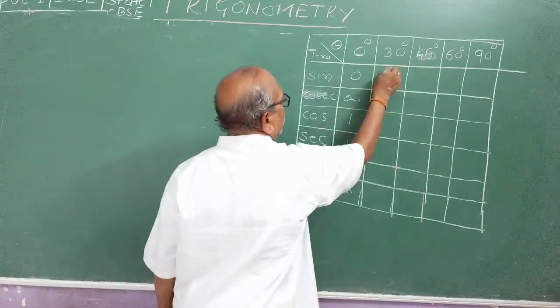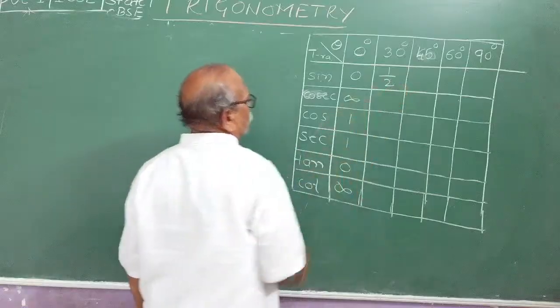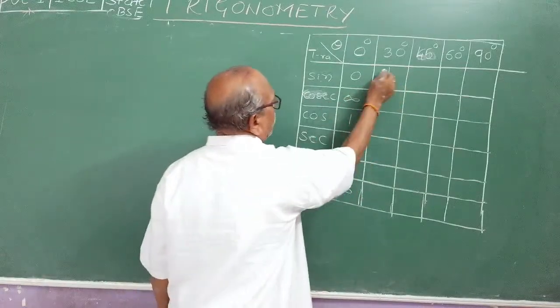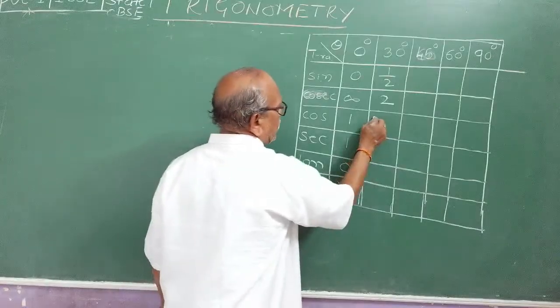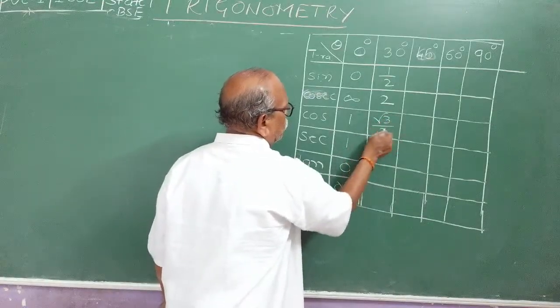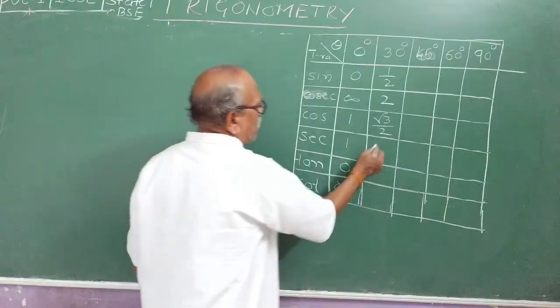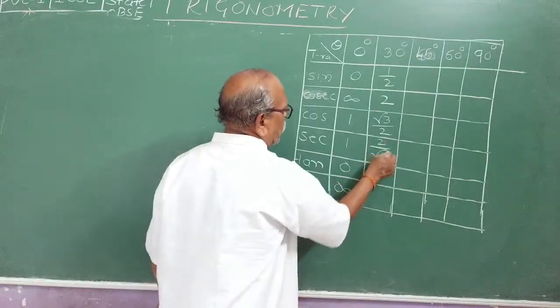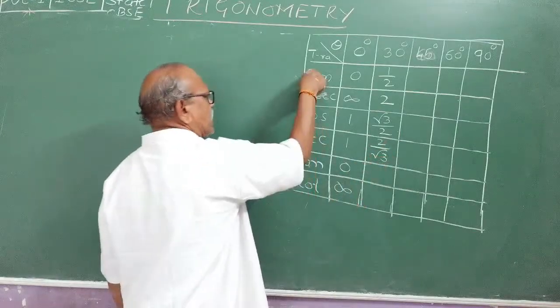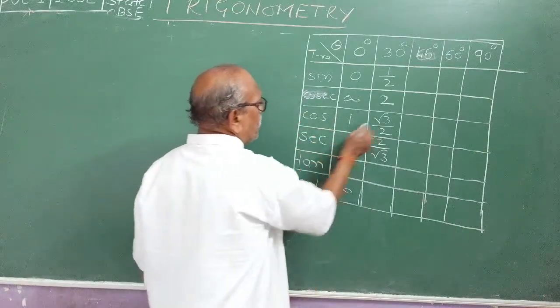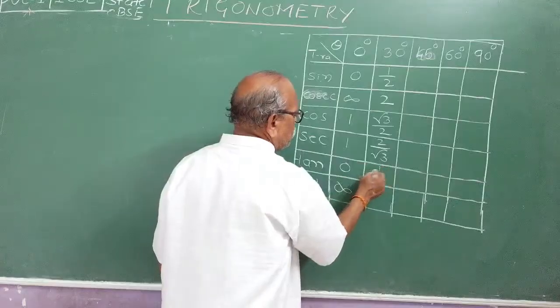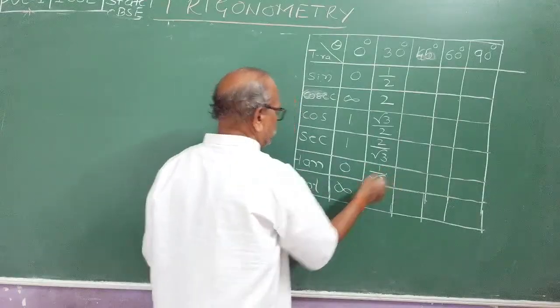Sine 30, remember 1 by 2. Cosec 30 will be 2 by 1, is 2. Cos 30, root 3 by 2. Sec 30, reciprocal of it is 2 by root 3. If you remember sine, cos, tan, you can easily reproduce the reciprocal of it. Tan 30, 1 upon root 3.